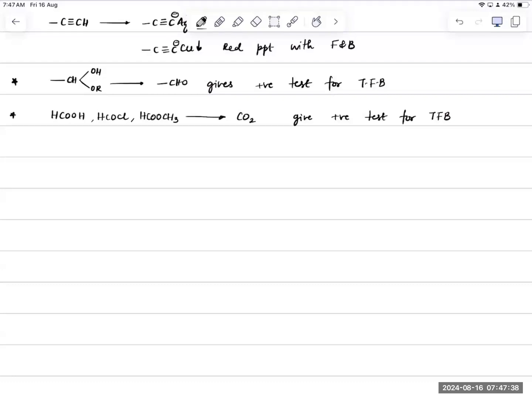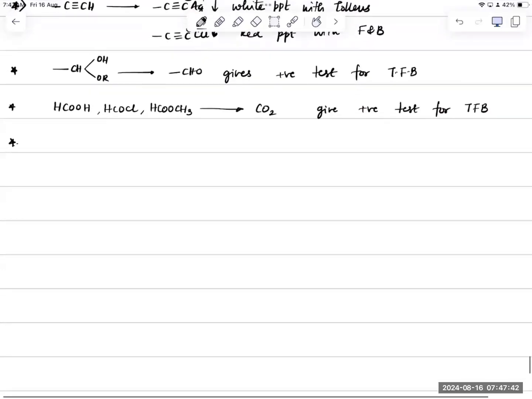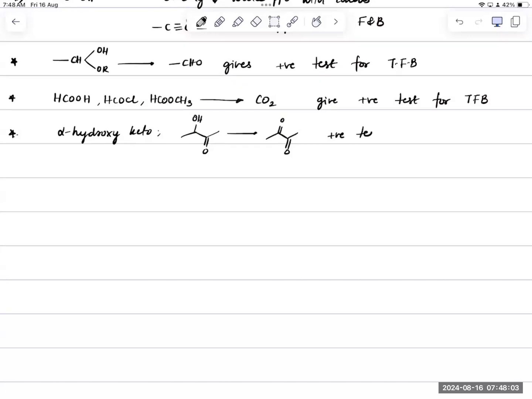Next, alpha hydroxy ketones. If you have OH and double bond O like this, then it will get oxidized to double bond O, double bond O. So this is positive test for Tollens, Fehlings and Benedict.